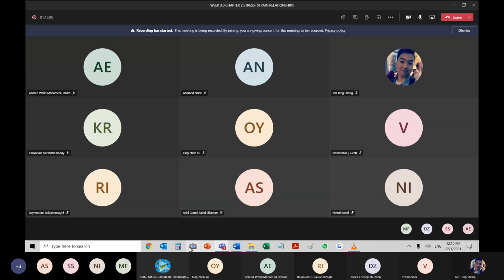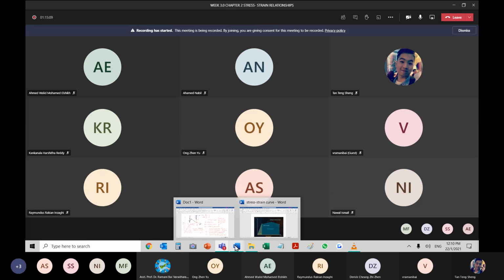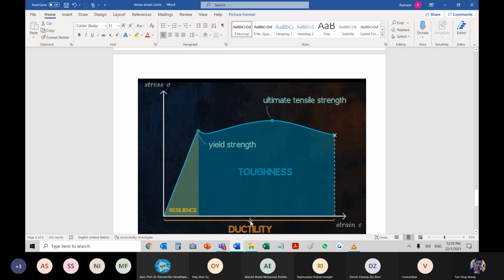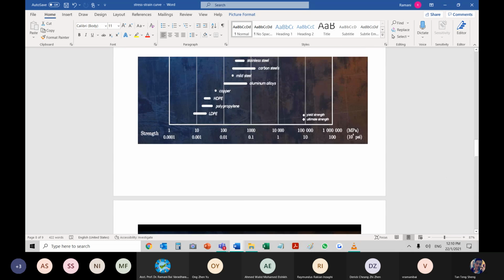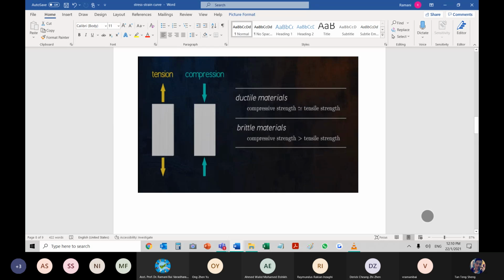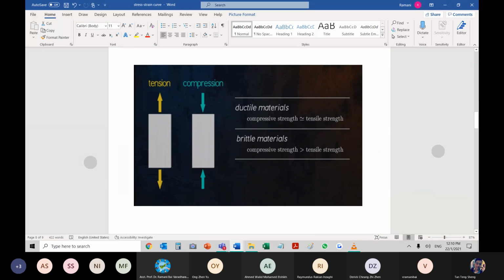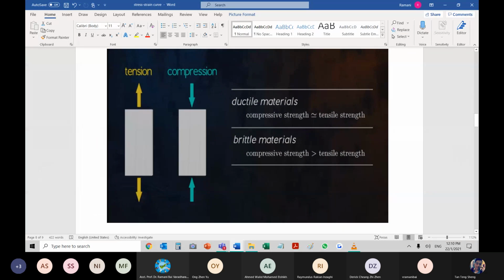Let's understand the regions there. What are the regions that we can identify from there? Okay, I start from here. All of you know that materials can be defined as ductile material or brittle material. Why do we say ductile material?